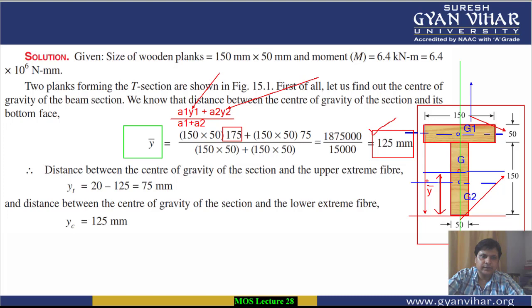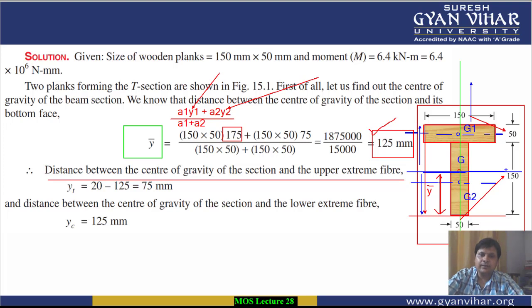Now what will we do? We want the distance between the center of gravity of the section and the upper extreme fiber. Our motive is basically to find which is the larger one. If this is the line of the neutral axis, we need to calculate its distance from the top, and this particular distance as well. From the bottom it is 125 already, but from the top how much is it?